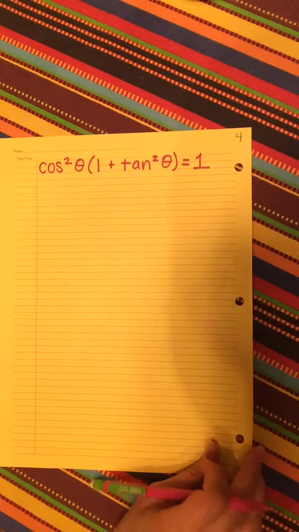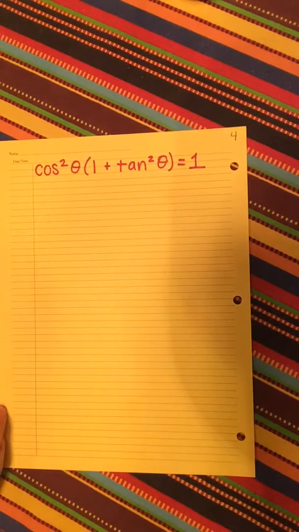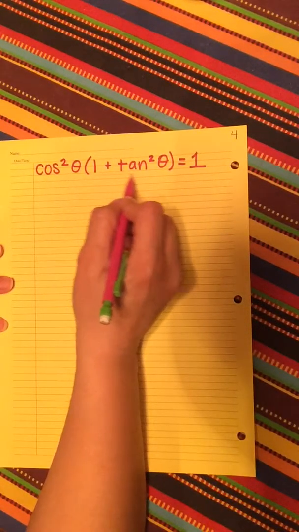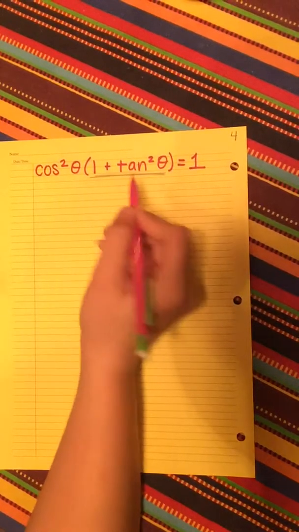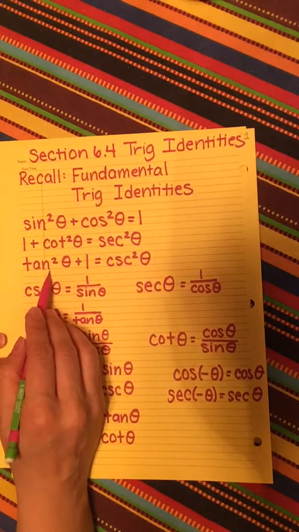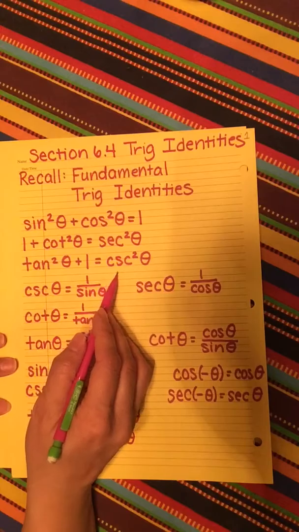Alright, next one. We need to prove that cosine squared of theta times the quantity 1 plus tangent squared of theta equals 1. Now, for this one, if you look at the parentheses there, that's actually one of our fundamental trig identities. Tangent squared of theta plus 1 equals secant squared of theta.